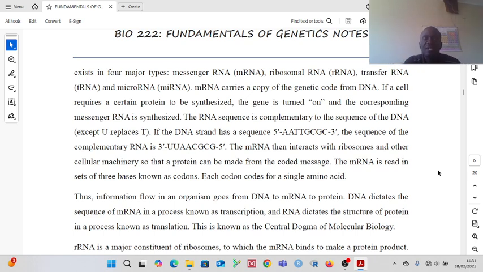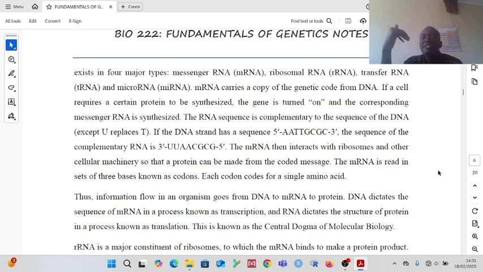Each of these plays a particular role. The messenger RNA is what carries a copy of the genetic code from DNA. So you convert DNA to RNA, then you convert RNA to protein. The messenger RNA is what carries the genetic information from DNA.